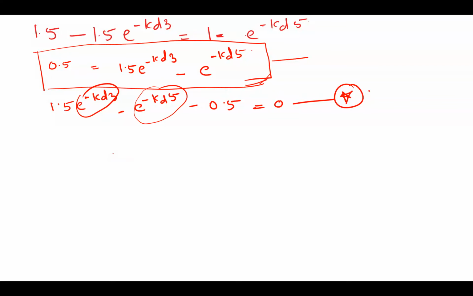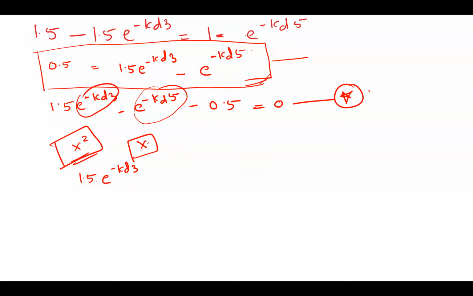So for example, make it in terms of multiply. One term we can take like square, and then one term we can take like only x. So how do you make it? Here, 1.5 e raised to minus kd 3.